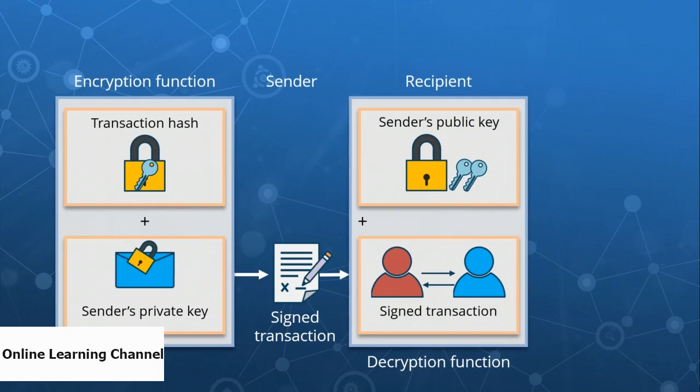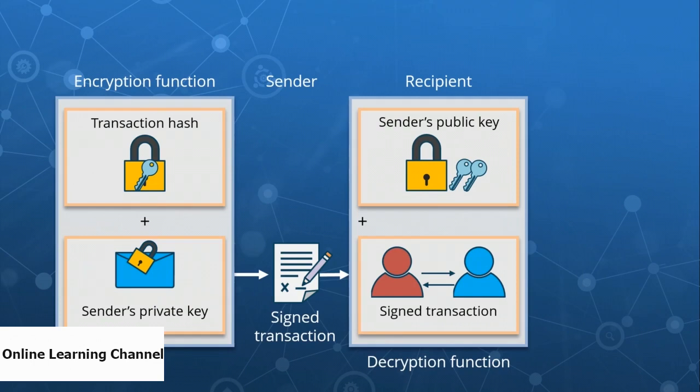And the decryption function's arguments include the signed transaction and the public key of the sender. Since the sender's public key is, well, public, it will be available to every node in the network. The encryption and decryption functions used over here are also common ones which will be available to all the nodes.